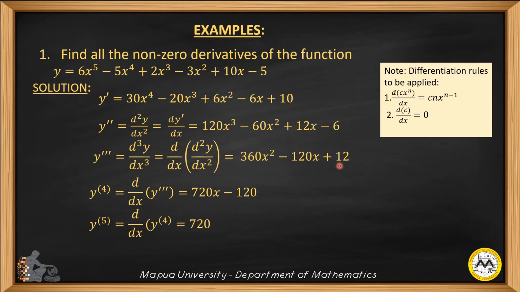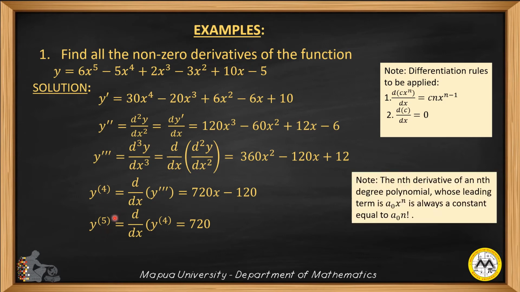The fifth derivative is equal to 720, that being the derivative of the fourth derivative with respect to x. We stop here because when we differentiate the constant 720 with respect to x, we end up with 0. Since what is required is the non-zero derivatives of the function, we go up to the fifth derivative.